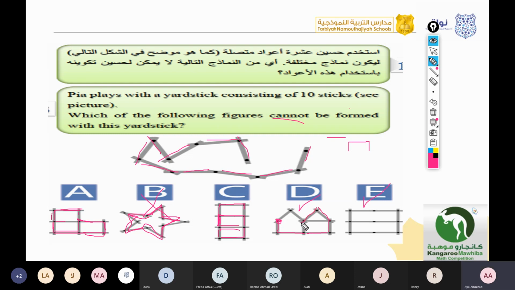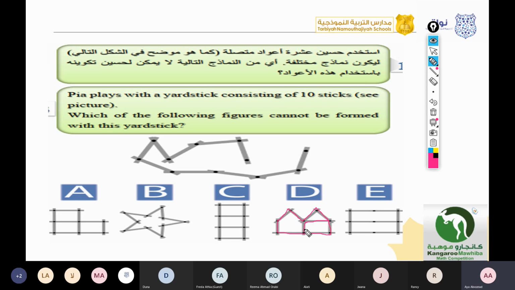Seven, 8, 9, 10. Wait, I'll count. No, I will erase. Start from this: 1, 2, 3, 4, 5, 6, 7, 8, 9, 10.